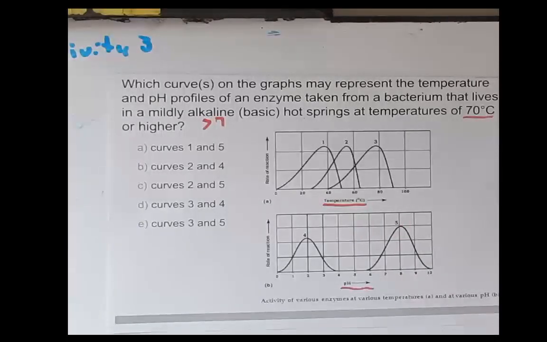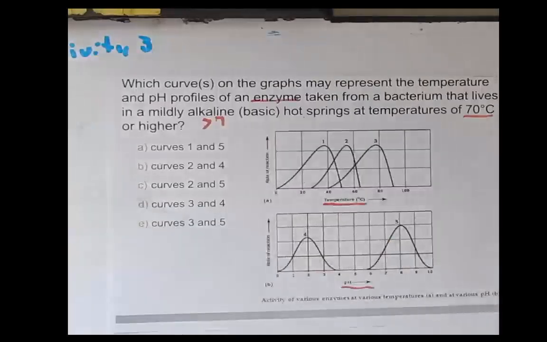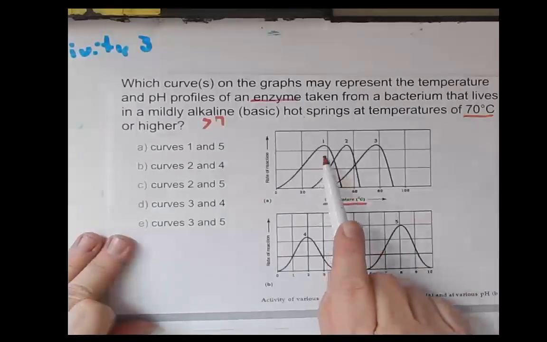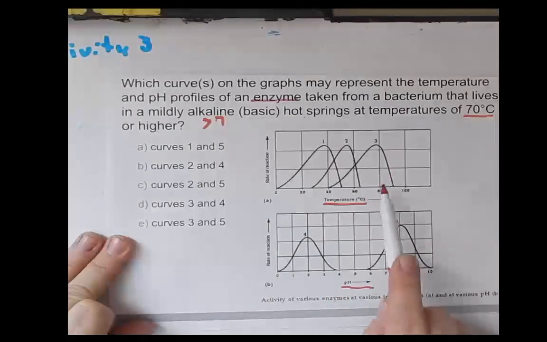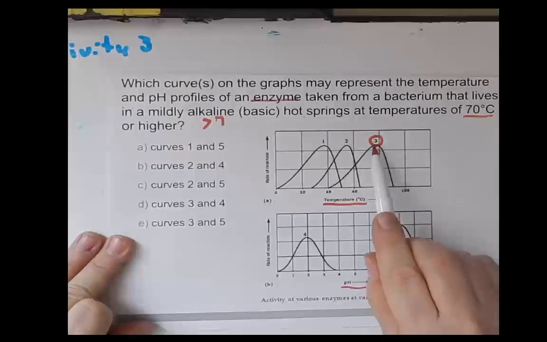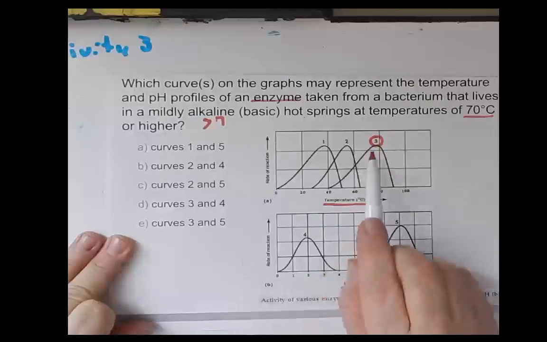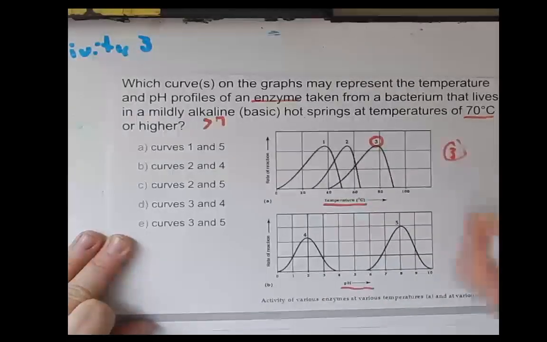All right, so the question is, which of these curves represent this bacterial enzyme in question? So let's look at this. Let's first look at temperature. Of these 3 enzymes, this enzyme here, enzyme 3, is optimal at a temperature pretty close to 70 degrees. So of these 3 choices, 3 seems to be our enzyme.